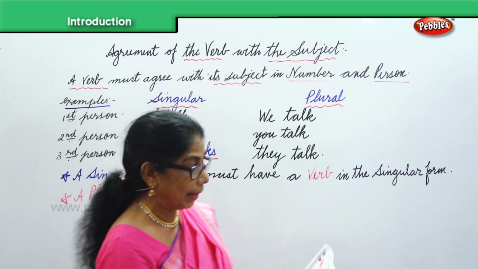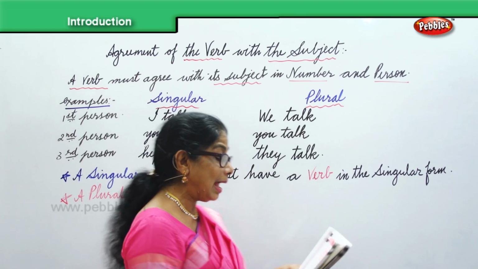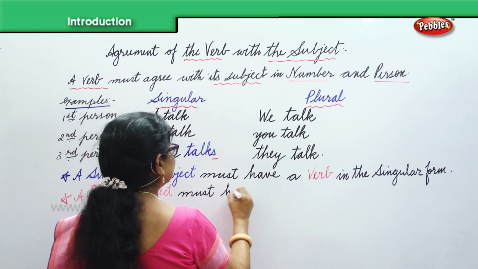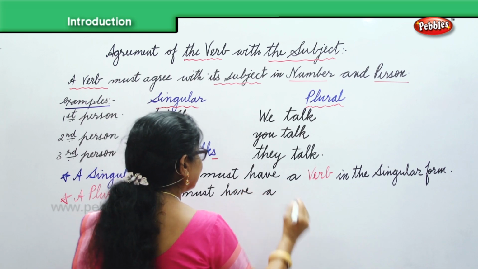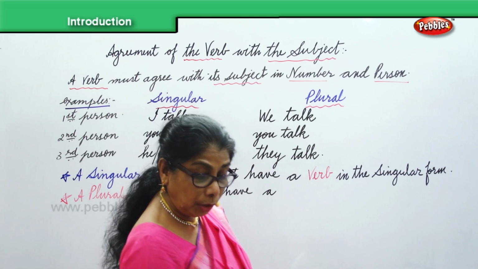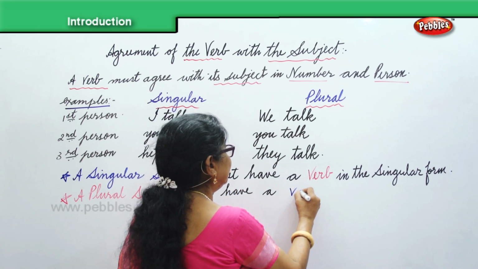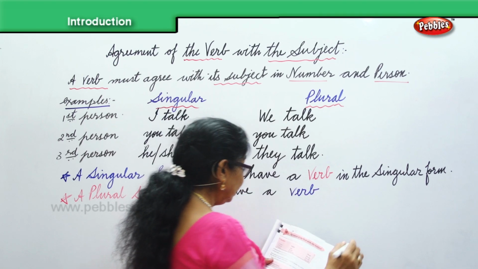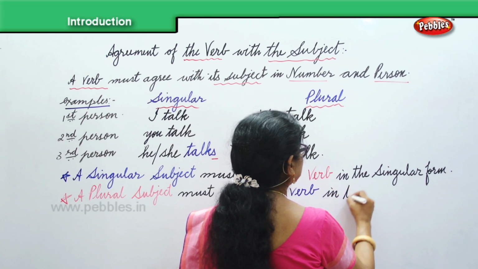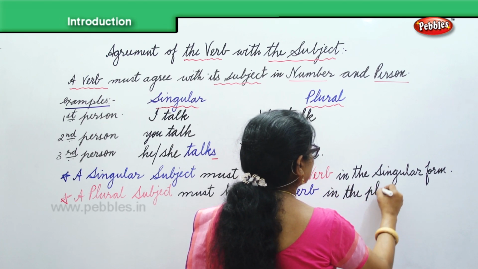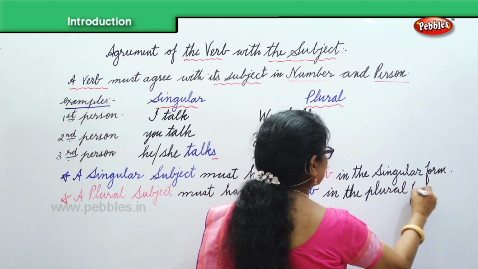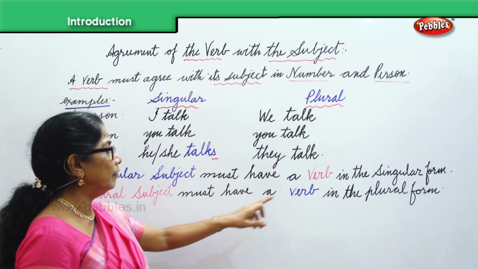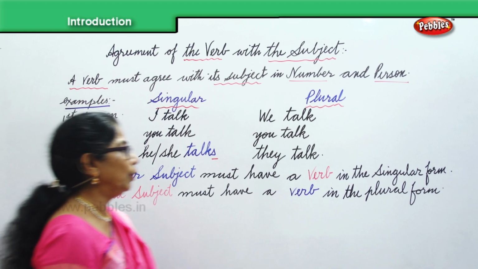A plural subject must have a verb in the plural form. The plural subject must have a verb in the plural form. That's what we are going to look at.